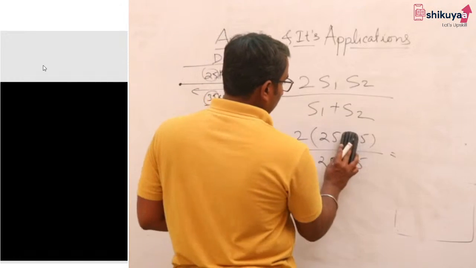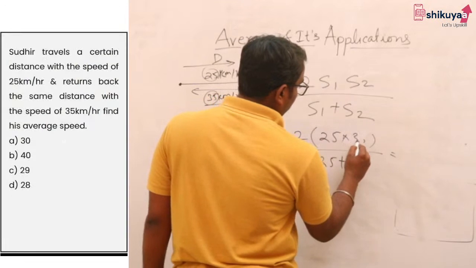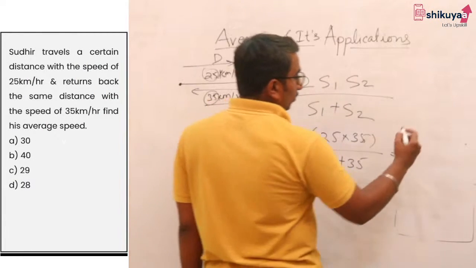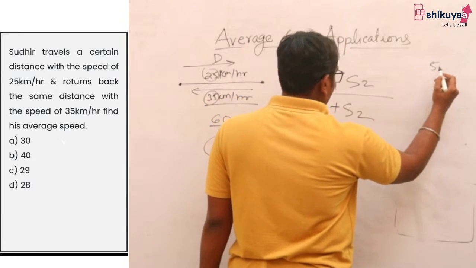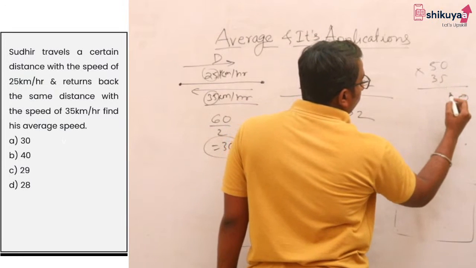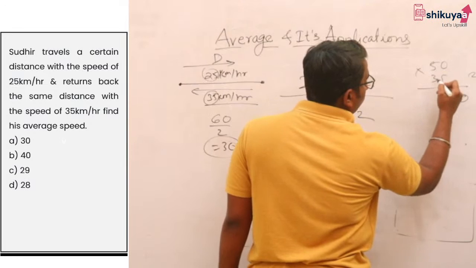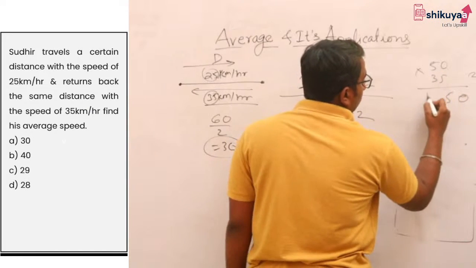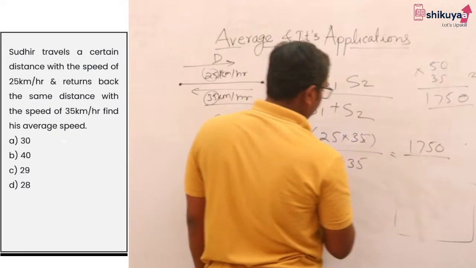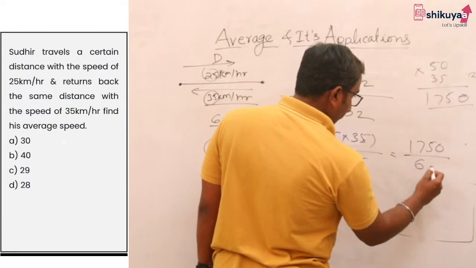Here it is 2 into s1 into s2, so 2 into 25 into 35. 2 twenty-fives are 50, 50 into 35 is 1750. So 1750 divided by 25 plus 35, which is 60.